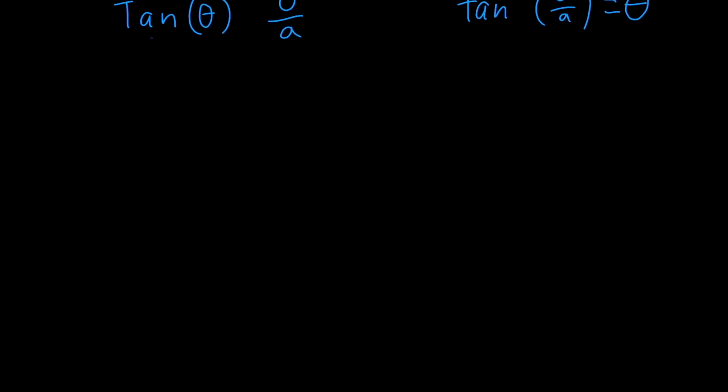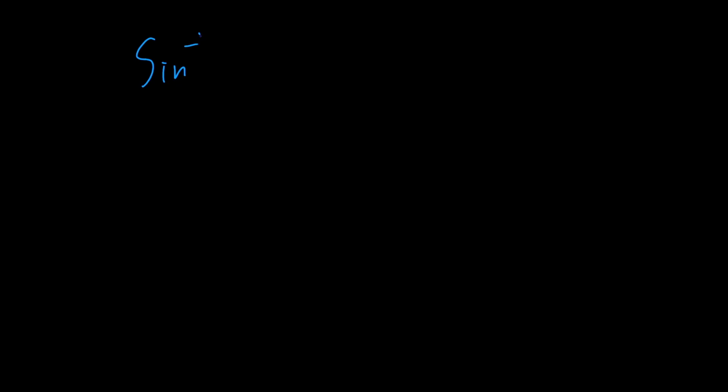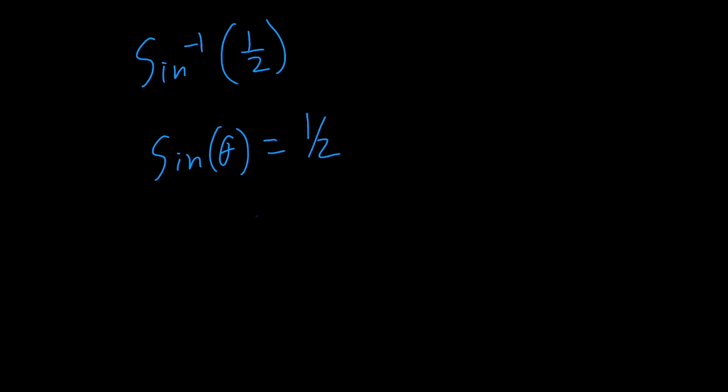If I have something like the arc sine of 1 over 2, well, this means the sine of some unknown is equal to 1 over 2, and we are trying to figure out what this unknown would be.